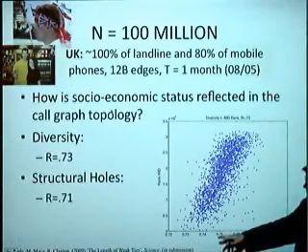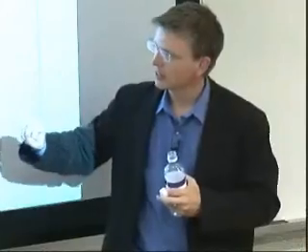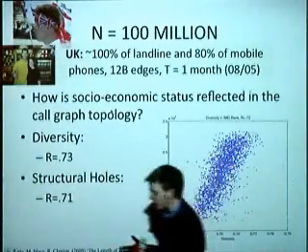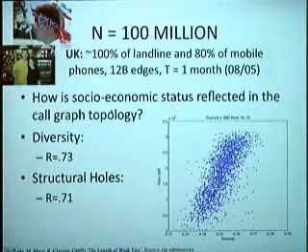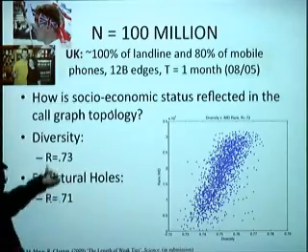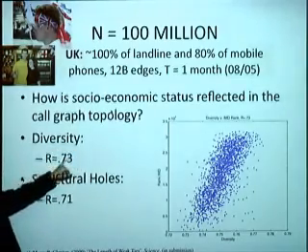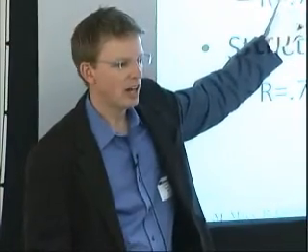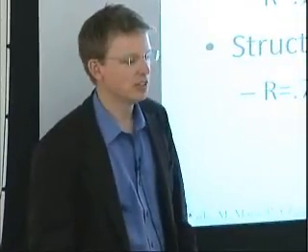What's striking is that socioeconomic status is really not that correlated with your degree or your call volume, meaning it's not the number of friends you have or how much time you spend on the phone, but rather this diversity score. It's whether you have contacts in a wide range of areas. This is a pretty amazingly strong correlation, especially in the social sciences, where we're explaining more than half of the variance in a group of people that numbers 50 million.